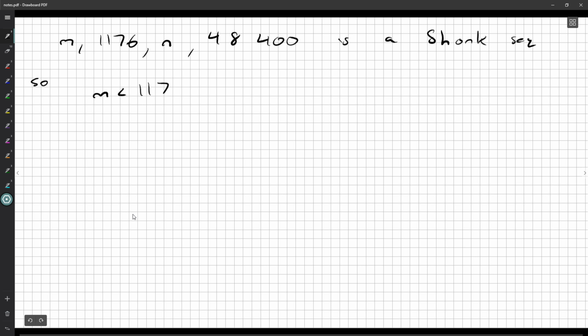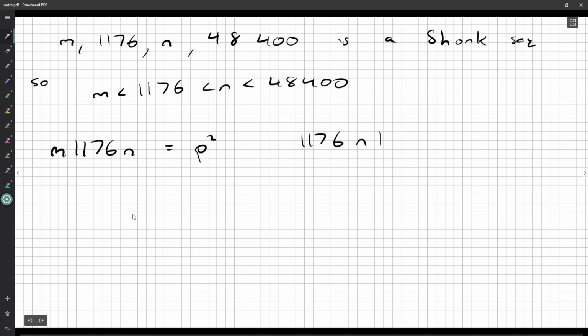So M has to be less than 1,176, less than N, less than 48,400. Okay. Now, M176N is a perfect square. Let's call it P squared.